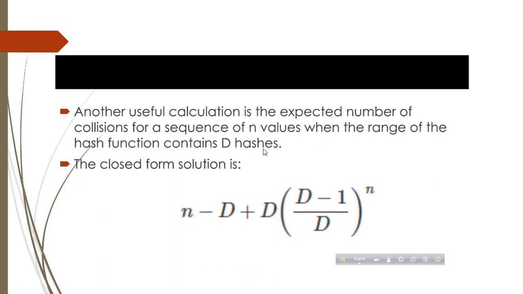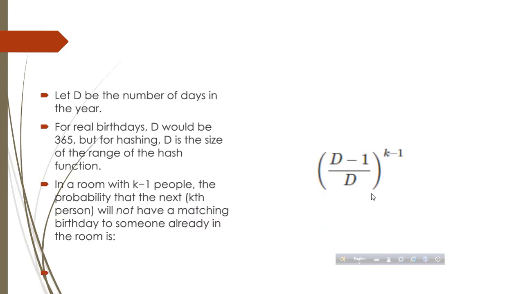The closed form solution is n minus d plus d times ((d minus 1) over d) to the power n. Let d be the number of days in the year. For real birthdays, d would be 365, but for hashing, d is the size of the range of the hash function. Here you can see ((d minus 1) over d) to the power k minus 1.